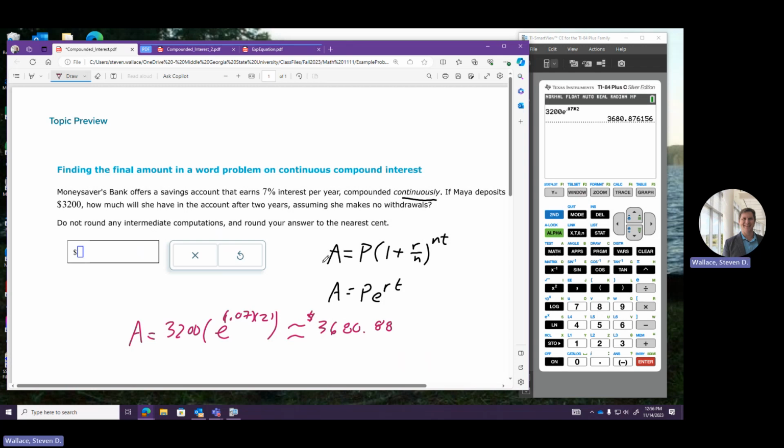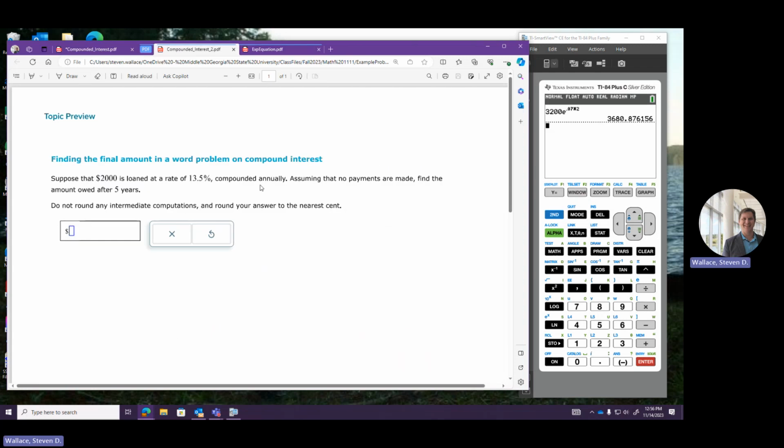Okay, but what happens if it's not compounded continuously, but compounded annually or daily or quarterly or some other type of compounding period? Then you use the regular compounded interest formula.